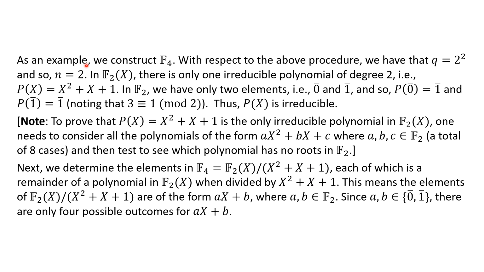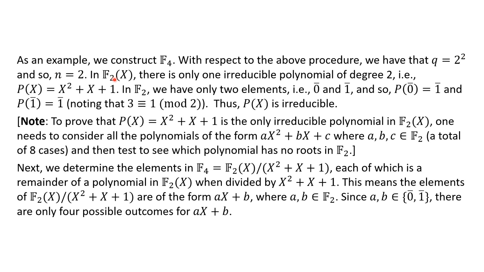As our first example, we're going to construct F_4, the finite field with 4 elements, with respect to the above procedure we just talked about. So in this case, we have q equals 2 squared, so our n is 2 in this case.